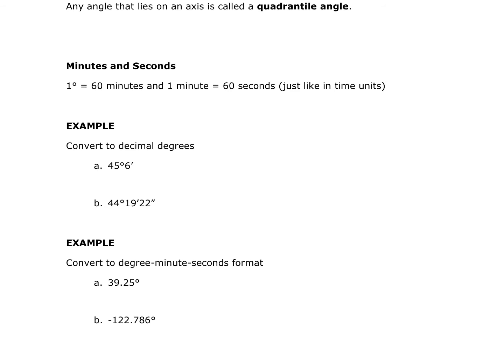So if I need to convert from degrees, minutes, and seconds into decimal degrees, then I first start with the 6-minute mark. Now I have this unity fraction, 1 degree over 60 minutes, or 60 minutes over 1 degree. It just depends on which way I'm converting.